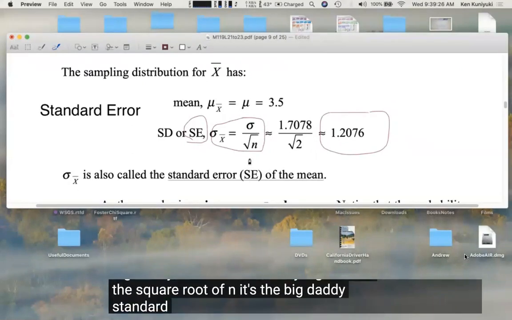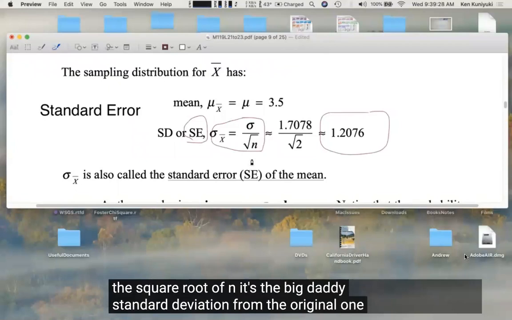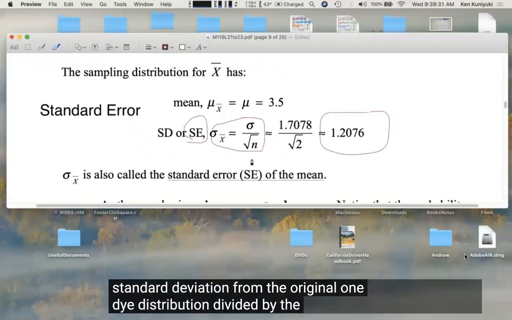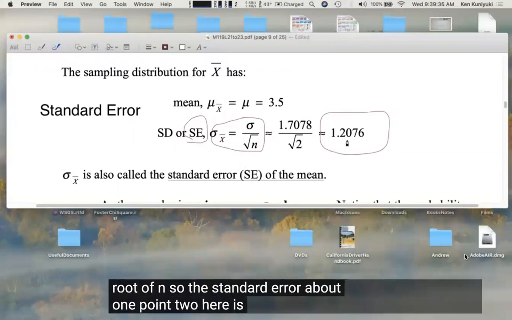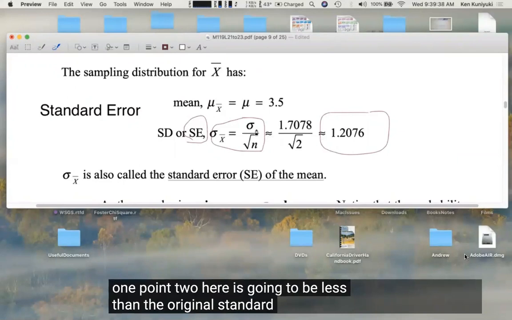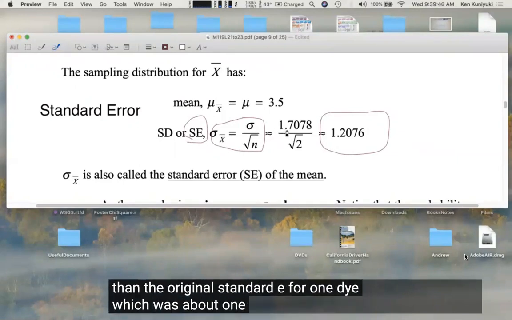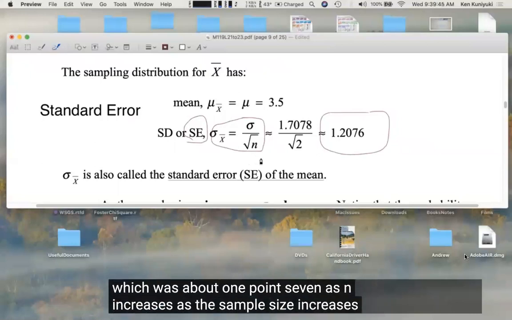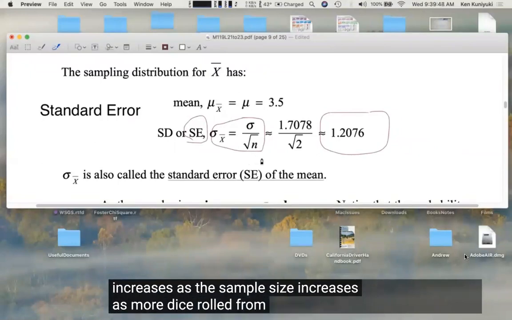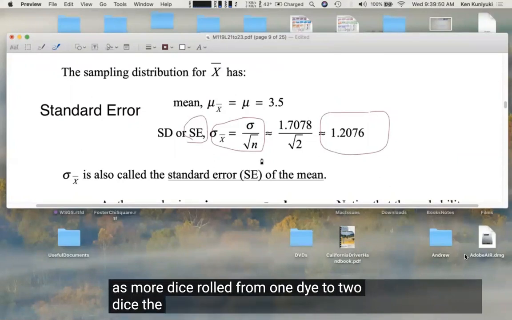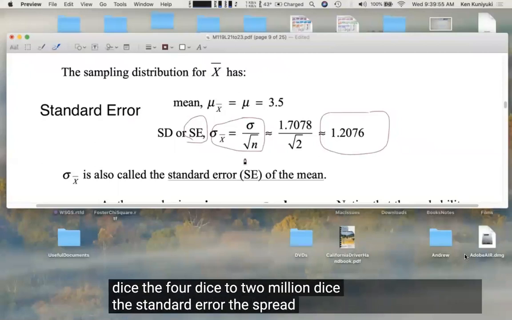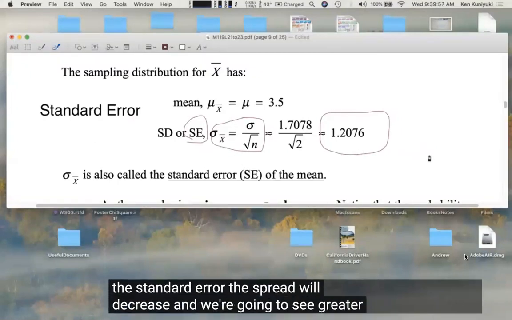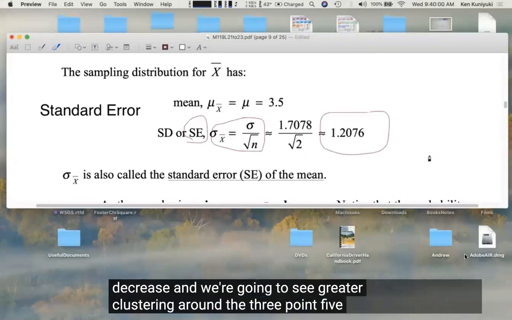It's the Big Daddy standard deviation from the original one die distribution divided by the square root of n. So the standard error, about 1.2 here, is going to be less than the original standard deviation for one die, which was about 1.7. As n increases, as the sample size increases, as more dice are rolled, from 1 die to 2 dice to 4 dice to 2 million dice, the standard error, the spread, will decrease, and we're going to see greater clustering around the 3.5.